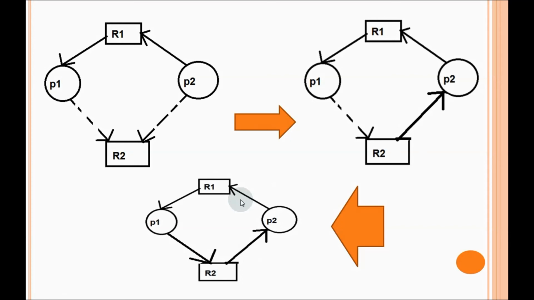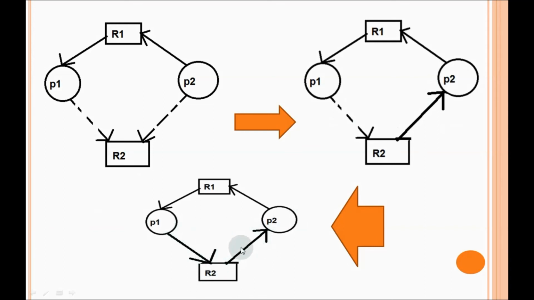That's why the operating system should decide whether to allocate R2 to P2. If it allocates R2 to P2, then the chances are P1 may request R2 at the same time. If P1 requests R2, then definitely it will result in deadlock. Right?